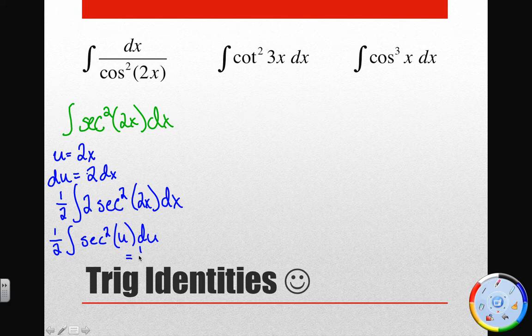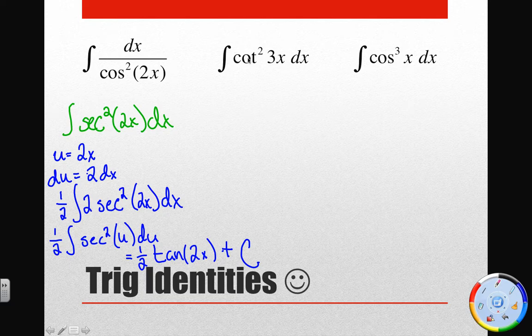And the answer here is going to be 1/2 tangent of u, and I'm going to save space here. The tangent of u would be the tangent of 2x. Oops, no d. Plus c.